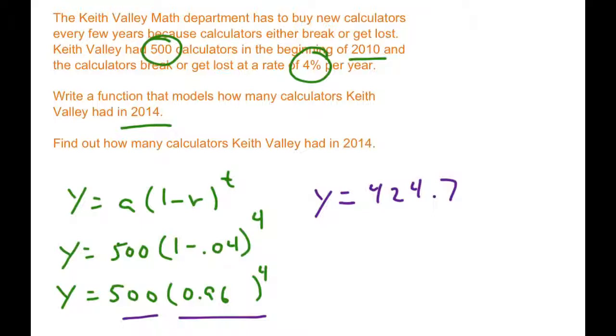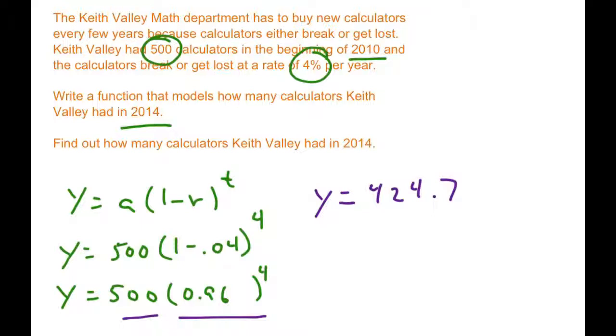All right, now this is where we get hung up a little bit. Normally, we're talking about calculators, so I really want to round this to a whole number. I don't want 0.7 of a calculator. So now I'm in the dilemma. Do I round it up because of 0.7, or do I round it down because you really can't have more than 424 if you only have 0.7 of a calculator?